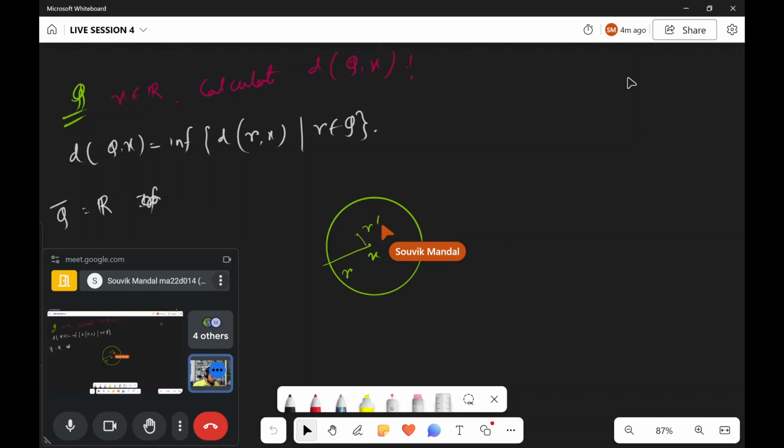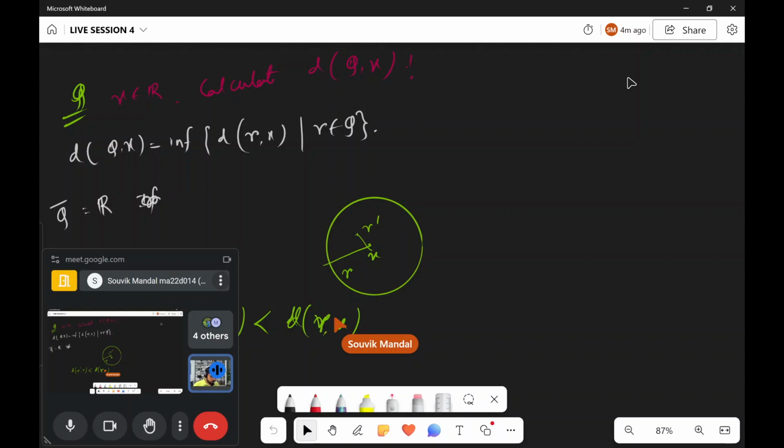So in that case, the distance between r prime and x is smaller than the distance between r and x, correct? At least visually, and mathematically anyway.